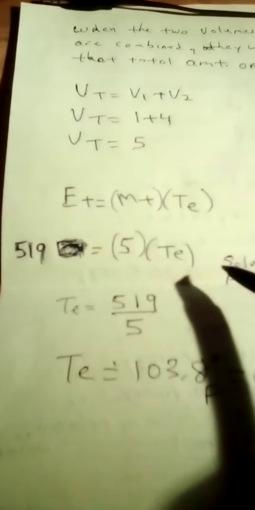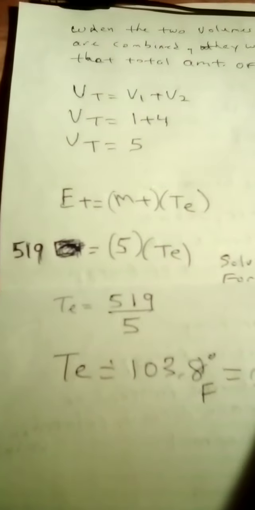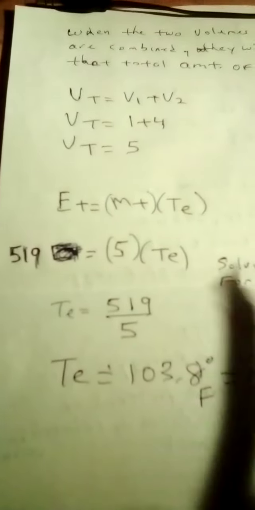And the total energy is the total mass or volume times the equilibrium temperature. Yeah, when they're combined, it's like at equilibrium. It'll be an equilibrium state, and at what temperature, you know, the resulting temperature.